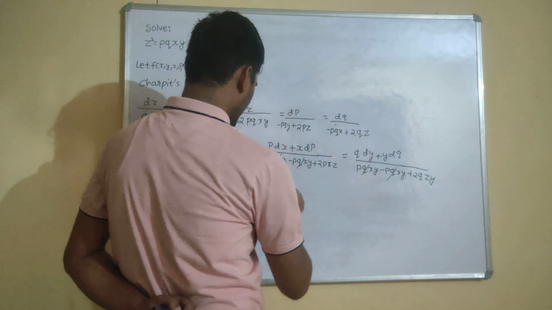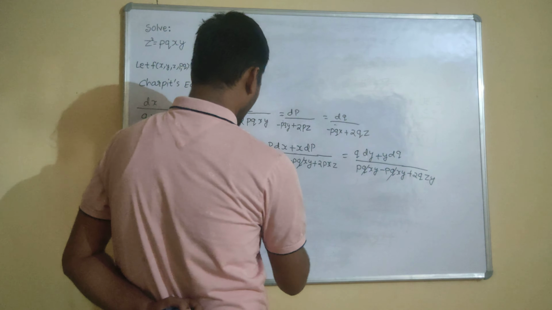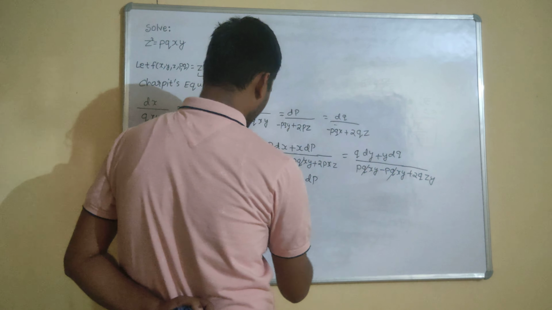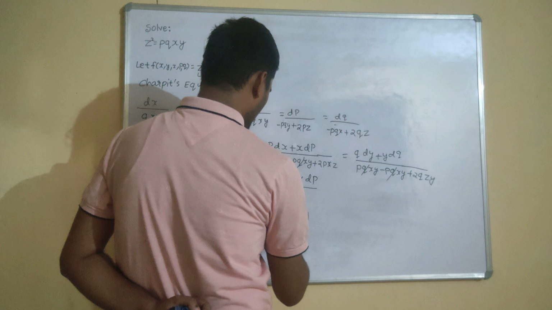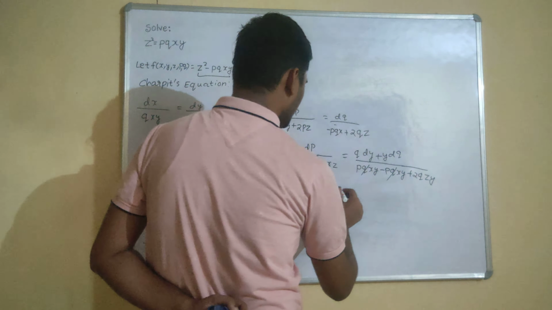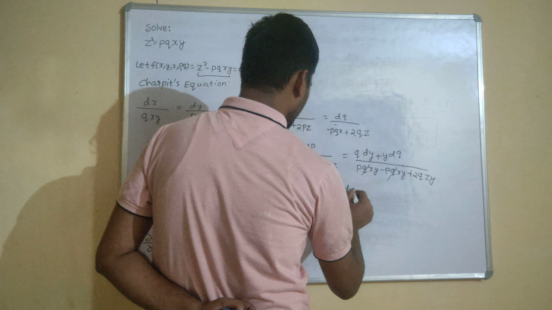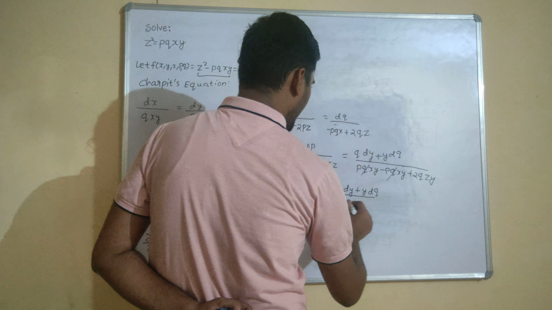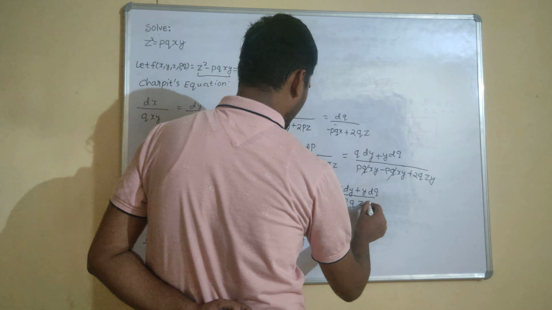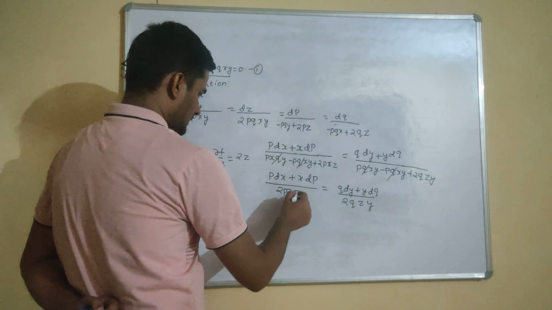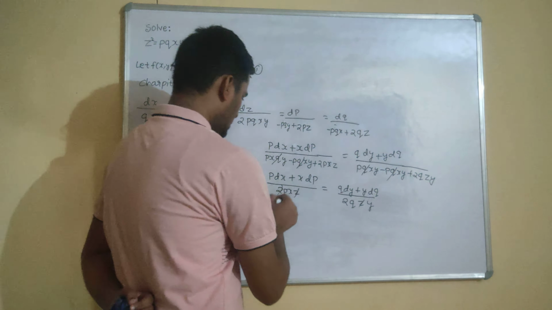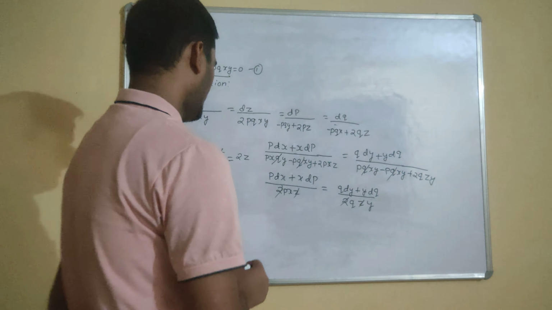So let's see: p dx plus x dp divided by 2pxz, q dy plus y dq divided by 2qzy. Z can be removed, 2 can be removed.